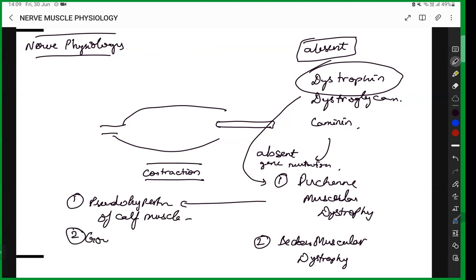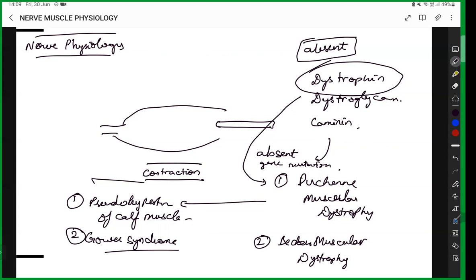I think all these things you will discuss again in pediatrics. We will discuss that while we are talking about pediatrics. But now remember, pseudohypertrophy of calf muscles and Gower's sign are the two important things which will be present in Duchenne muscular dystrophy. Then you have Becker muscular dystrophy. What happens in Becker's muscular dystrophy?